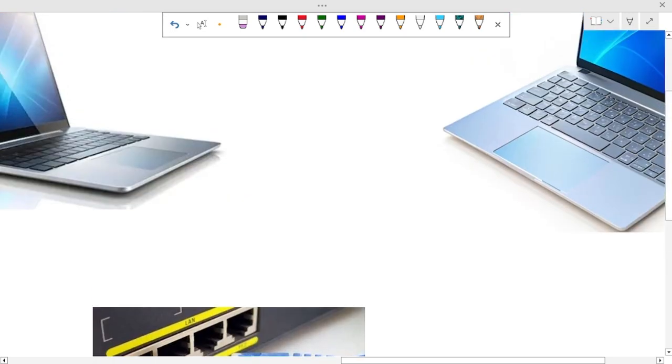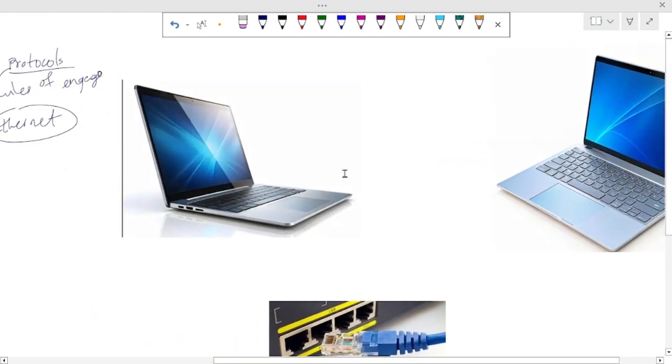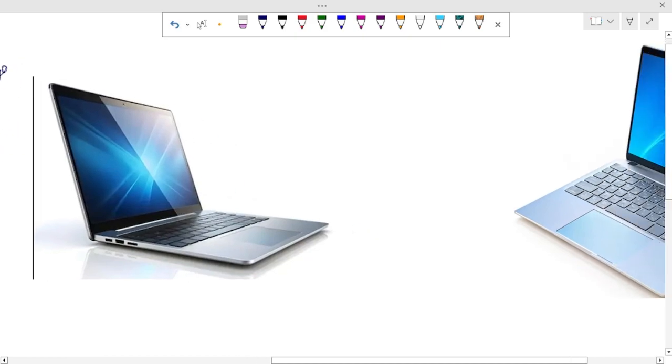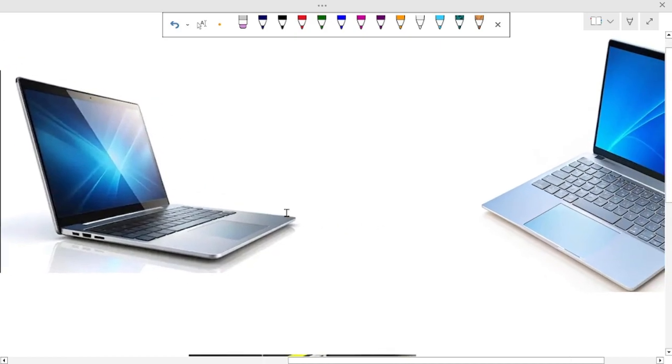What is being said in the paragraph I just read is that each computer has a network card, and that network card has a particular port address. That port address is used to identify a computer. The port address of this computer will be different from the port address of this computer.